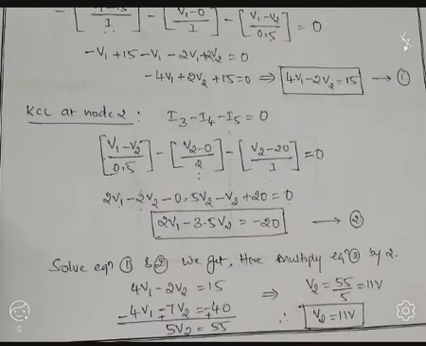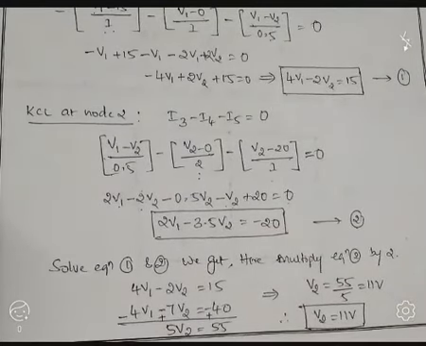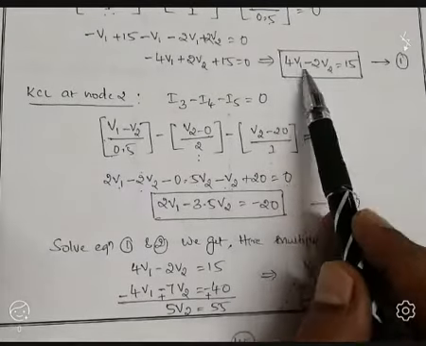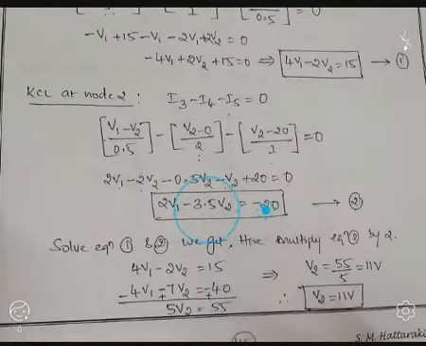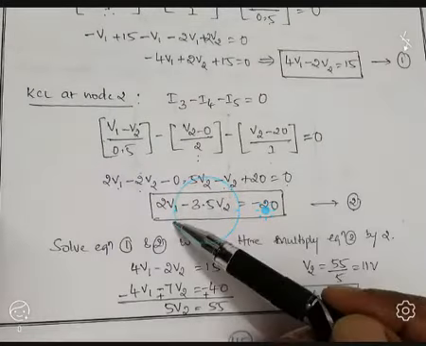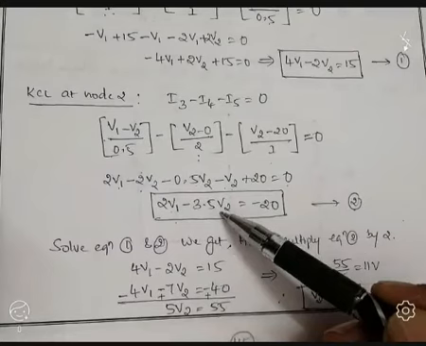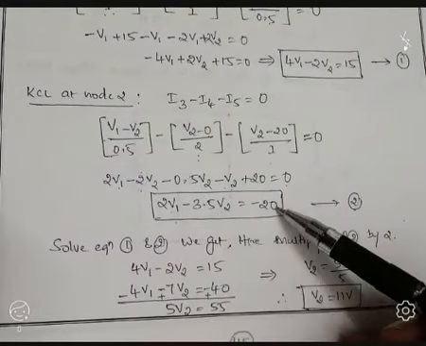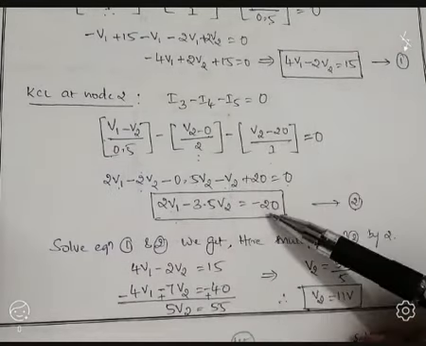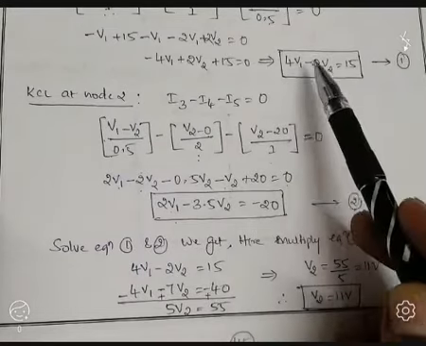Hence, see equations 1 and 2. From equations 1 and 2, we can directly calculate the values. Here 4V1 minus 2V2 is equal to 15 is equation 1. The second equation is 2V1 minus 3.5V2 is equal to minus 20. In equations 1 and 2, there are two unknowns, V1 and V2.